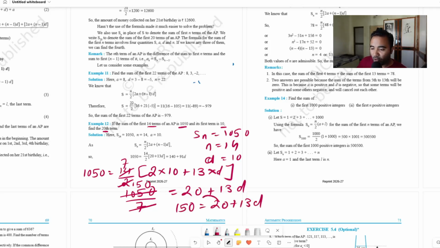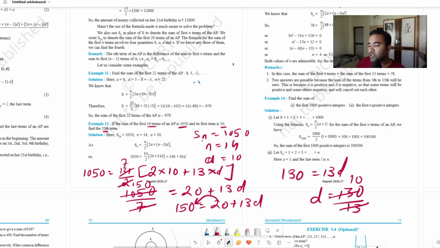So 20 goes on this side, 130 is equal to 13d. So d is equal to 130 upon 13, that gives us 10. So the common difference is also 10. First term is 10, the common difference is 10.